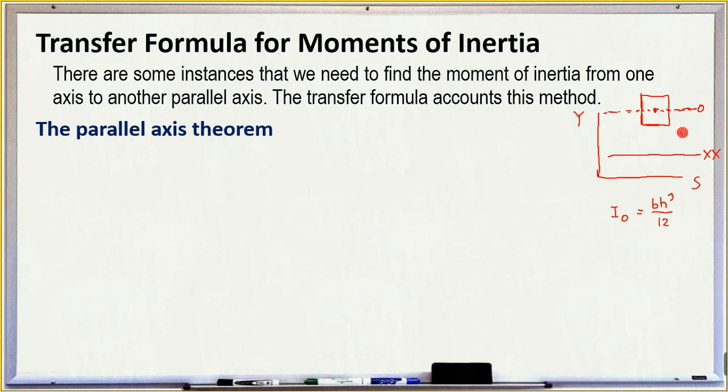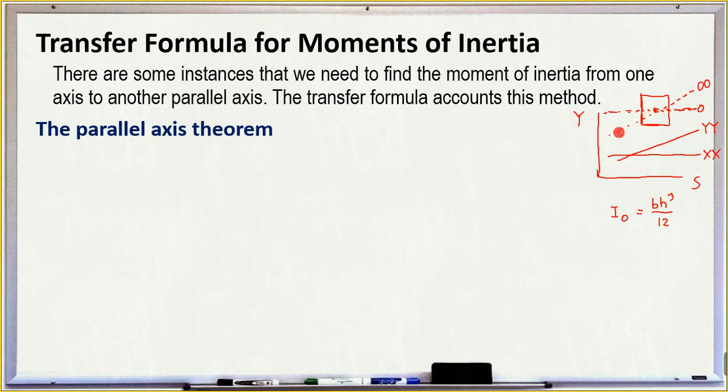Now, if the axis is inclined, let's say for example this one, this is YY, we can't use the parallel axis theorem because the axis O and the axis YY are not parallel to each other. So if you want to find it, you need a centroidal axis. Let's say this is OO.